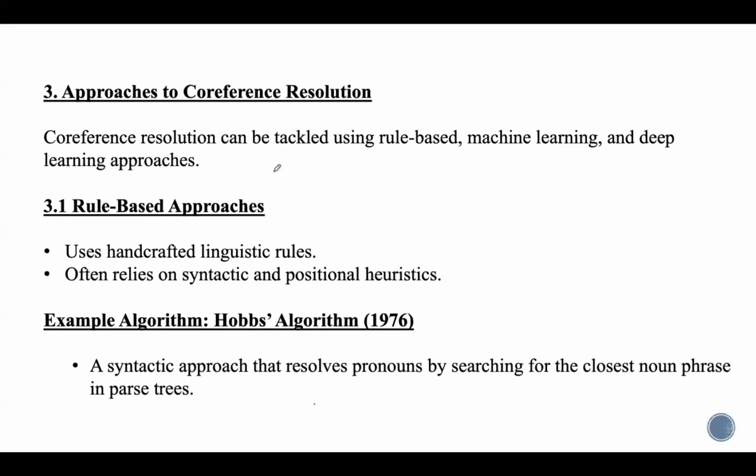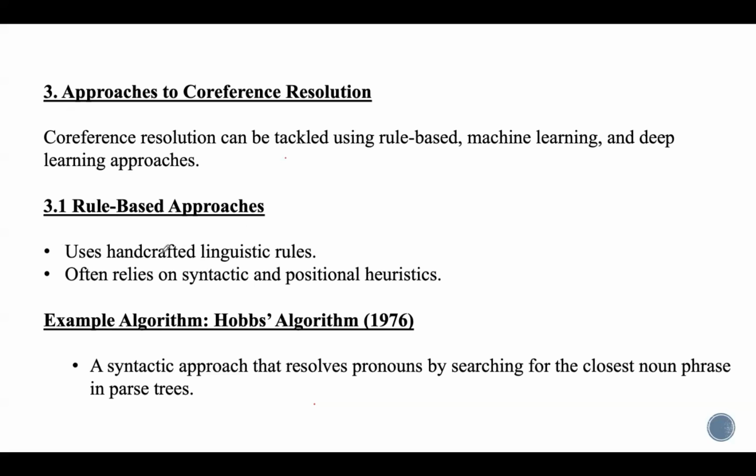Approaches to coreference resolution. Coreference resolution is the task of identifying different expressions in a text that refer to the same entity or event. Rule-based approaches use predefined linguistic rules, heuristics, and syntactic patterns to resolve coreference. These methods rely on grammar rules, pronoun resolution heuristics, and lexical matching rather than statistical learning.